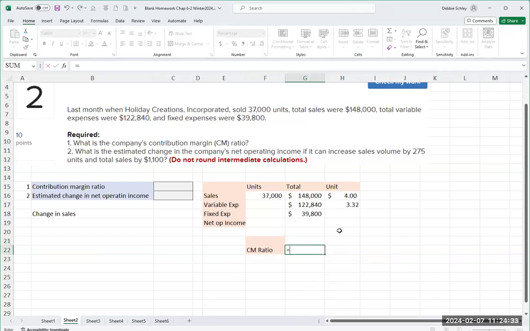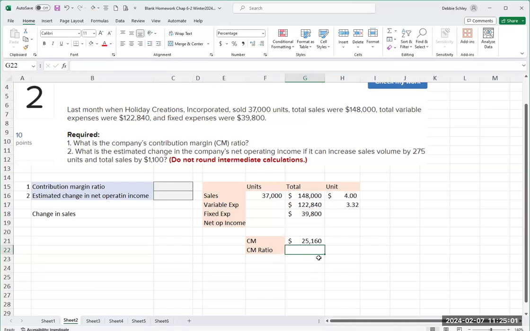So to do the ratio, you do the part divided by the whole. So the variable expenses, oh, wait a minute. I do need the contribution margin. Sorry, I'm getting ahead of myself. So my contribution margin is going to be equal to the sales minus the variable.